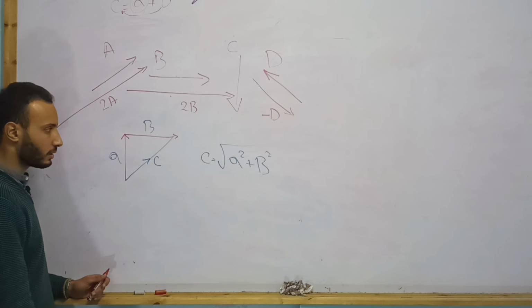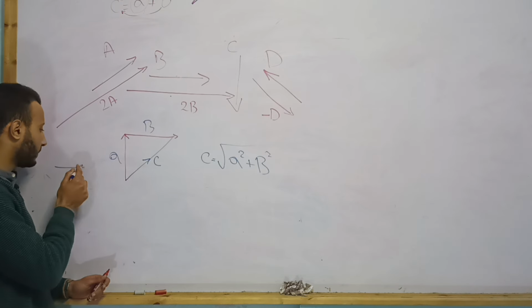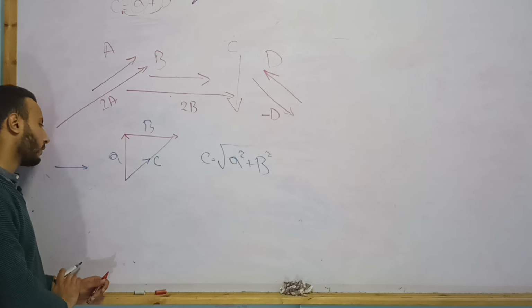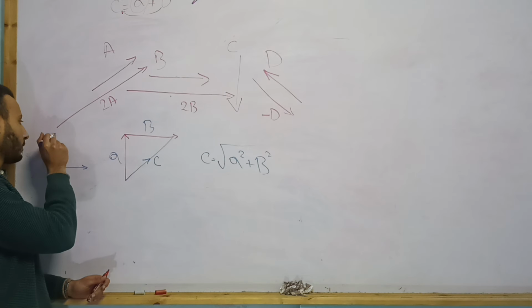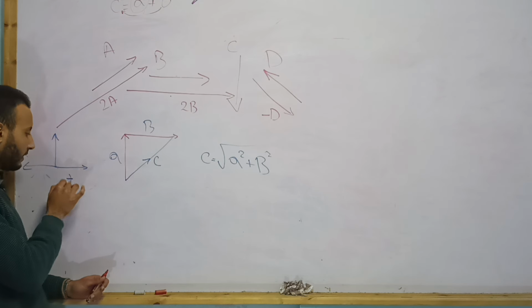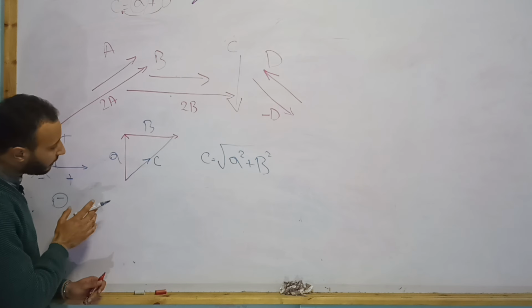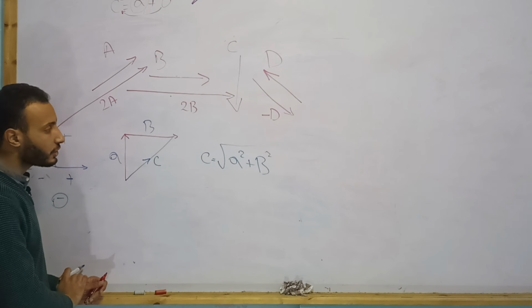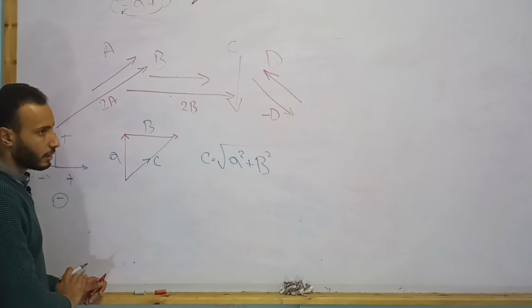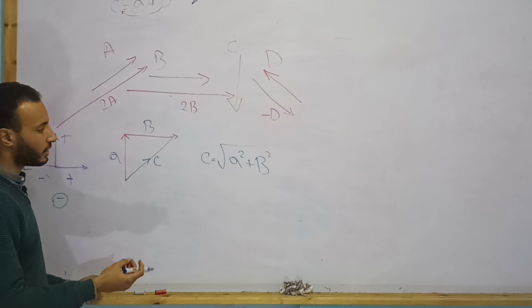Okay, so next one, the direction of the vector. What's the direction of the vector? Okay, if the vector was just like this, in the direction of the x, or in the direction of the y like this, you can say negative or positive. Here this is positive and this is negative, this is positive and this is negative, okay? But if the direction of the vector was northeast, or between the north and the east, like this one, how can I represent the direction?